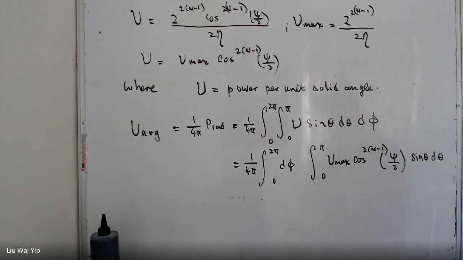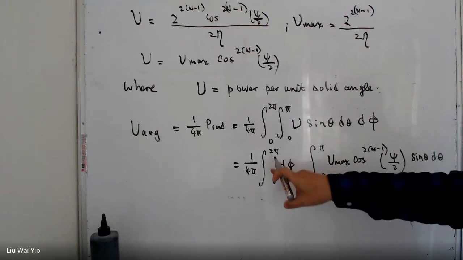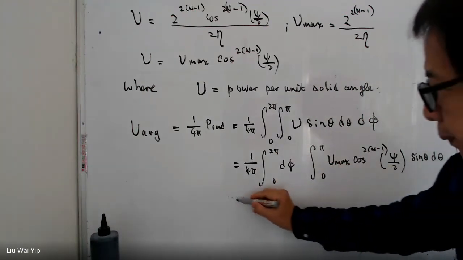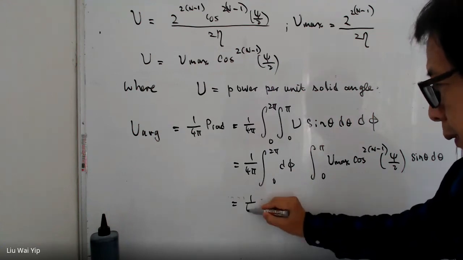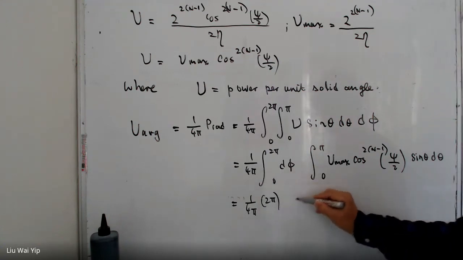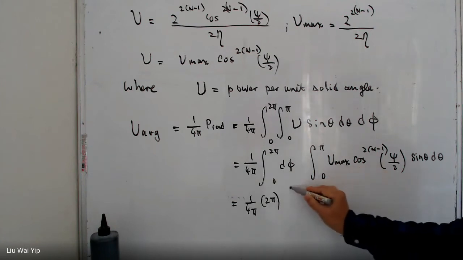Before going forward, we are going to explore an alternative way to solve this integral. Right now, we know that this one is definitely resolvable. This one will end up with 2 pi. And now we don't know what this one is.